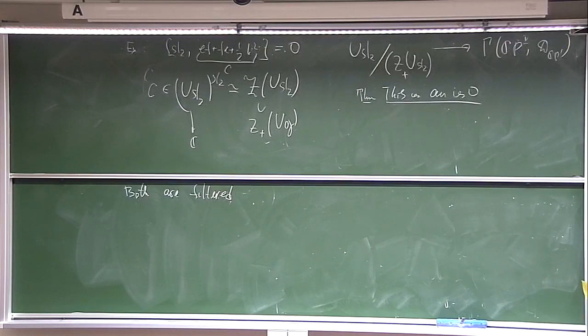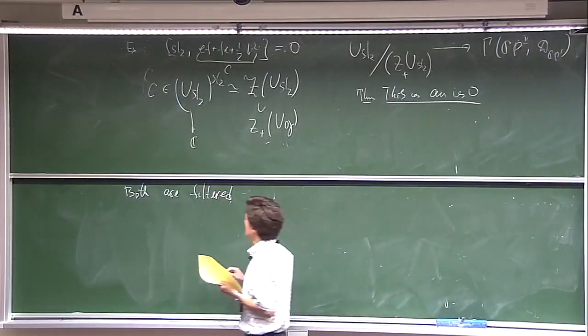The algebra on the right is also filtered, as we discussed, just because the sheaf D is. Therefore, you compare the two definitions of filtration and see that this map respects it.